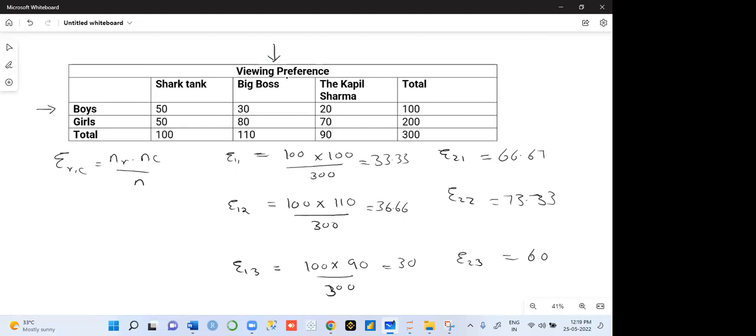So this is your expected value. Let me write over here. Observed is this one. Your actual is 50, we expect 66. Your actual was 80, we're expecting. Actual was 70, we're expecting 60. Clear? Are you getting the same numbers?